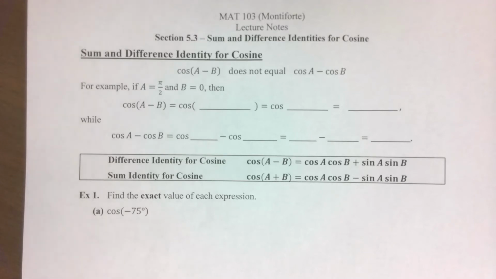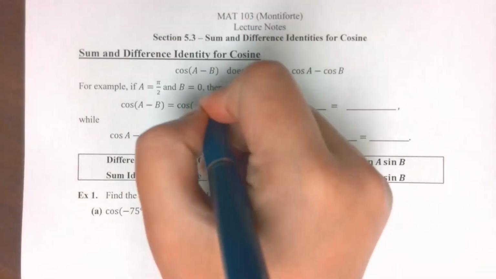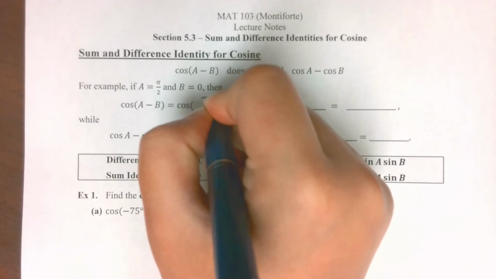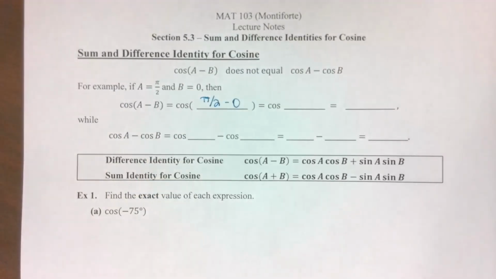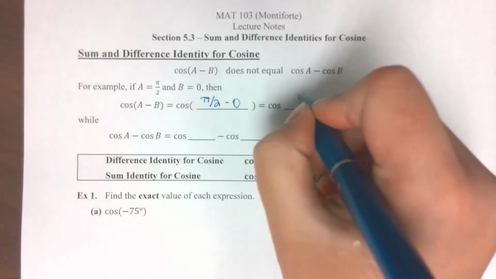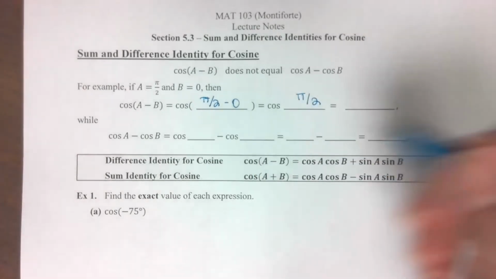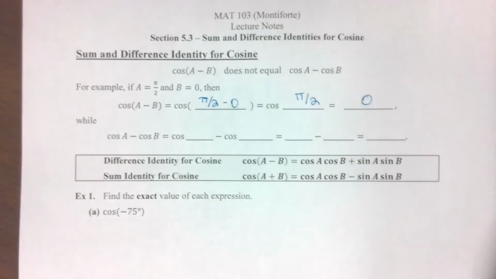So for example, if A is pi over 2 and B equals 0, then cosine of A minus B would be cosine of pi over 2 minus 0. So that would be cosine of pi over 2, which is equal to 0.